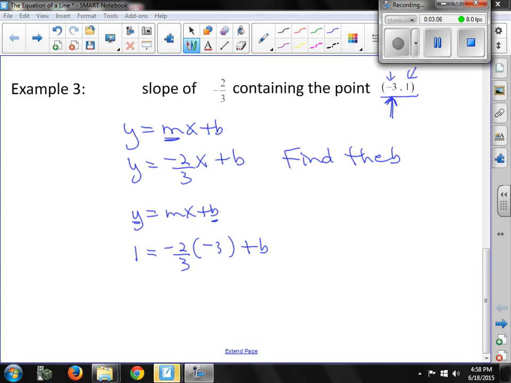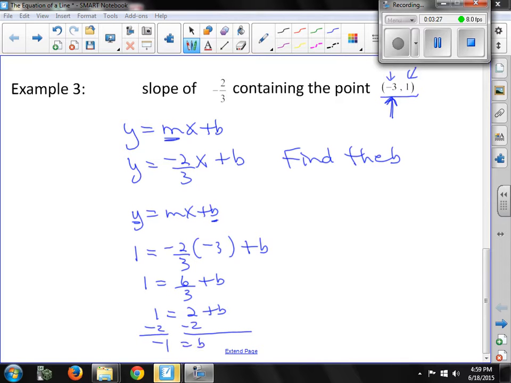Now all I have to do is solve for b. So 1 equals, if I multiply these two numbers, I get 6/3 plus b, or 1 is 2 plus b. Subtracting 2 from each side, I get -1 equals b.